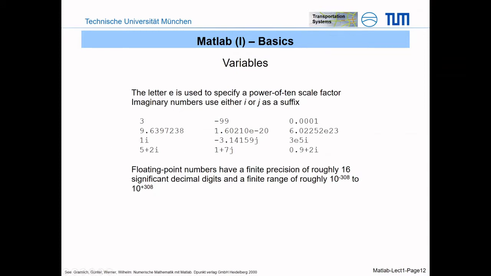As I already said, floating point numbers are always in double precision. So you have about 16 significant decimal digits, plus 2 or 3 more, which are hidden. And therefore you have a range roughly between these numbers.